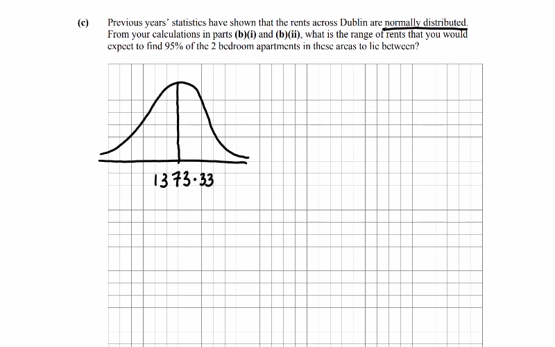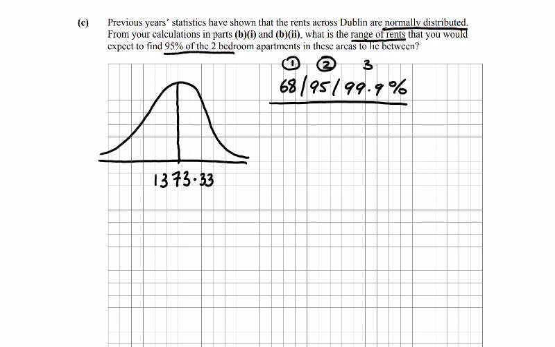And we're asked what is the range of rents you would expect to find 95% of these, so this is your 68, 95, 99.9%, with your 1, 2 and 3 standard deviations away from the mean. So we're looking for 2 standard deviations away from the mean, which will give us 95% in the middle.